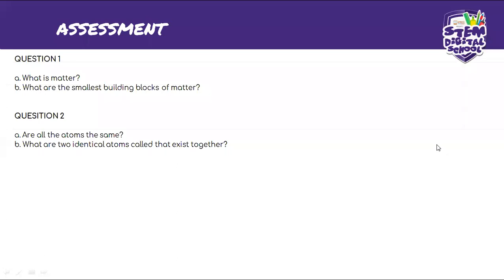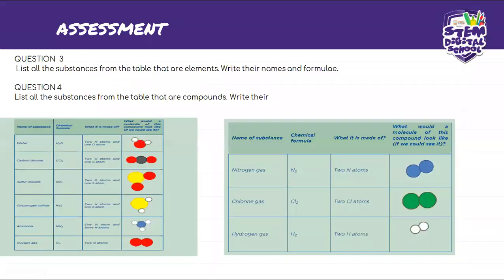Okay. So let's go to the next. So the question says, list all the substances from the table that are elements, write their names and formulae. And then question 2 says, list all the substances from the table that are compounds.